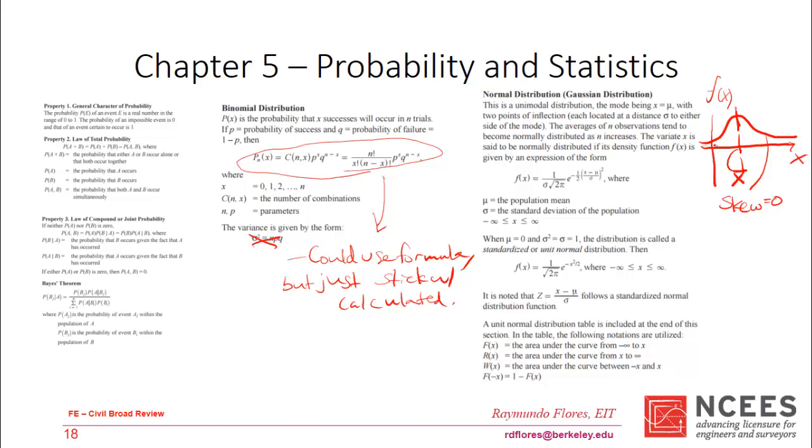But the actual probability of x is not going to be anything. Why? Because you need a range.